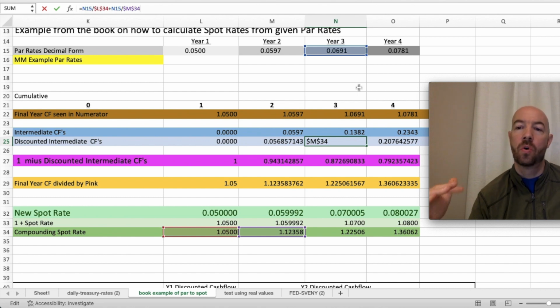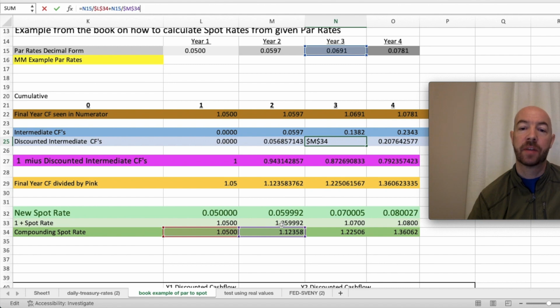And so this whole curve, this waterfall of going from par rates that are going to end up in your numerators, and that are also going to factor into your spot rates, which are going to discount. They're going to be your discount factors from prior years, you could say.